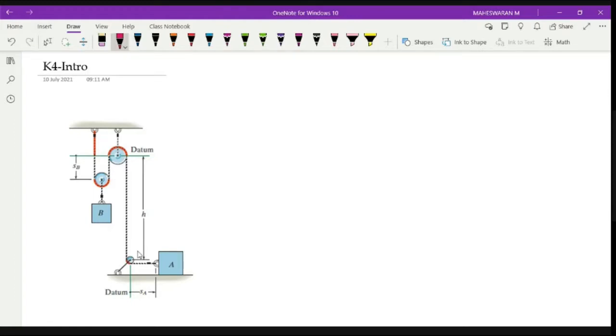The best way to identify that is by finding the length of your thread, by considering a datum plane. I consider a datum plane here, and I want to identify the length of my thread. The distance with respect to block B, I mark as SB.